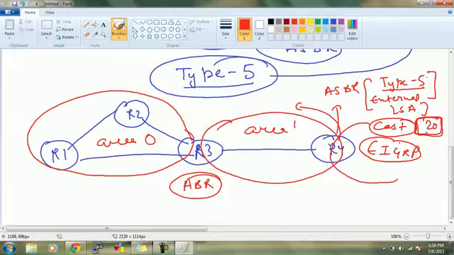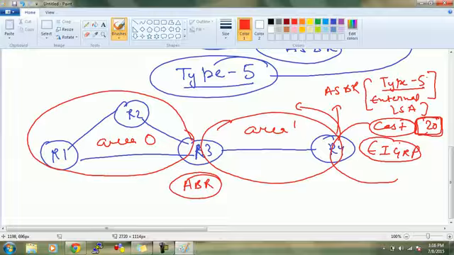So, to give information of ASBR in area 1 to all the routers in area 0, this ABR will generate type 4 LSA. First of all, is there any need of type 4 LSA in area 1? No. Because all routers know about ASBR. This thing is clear.